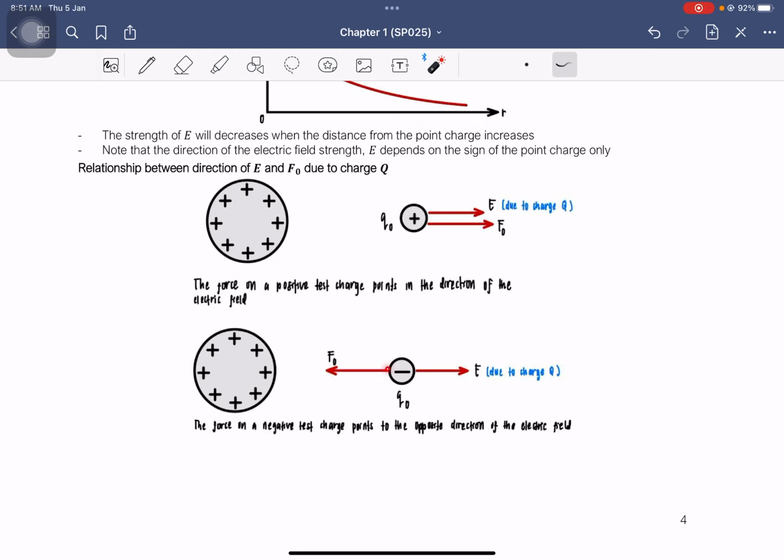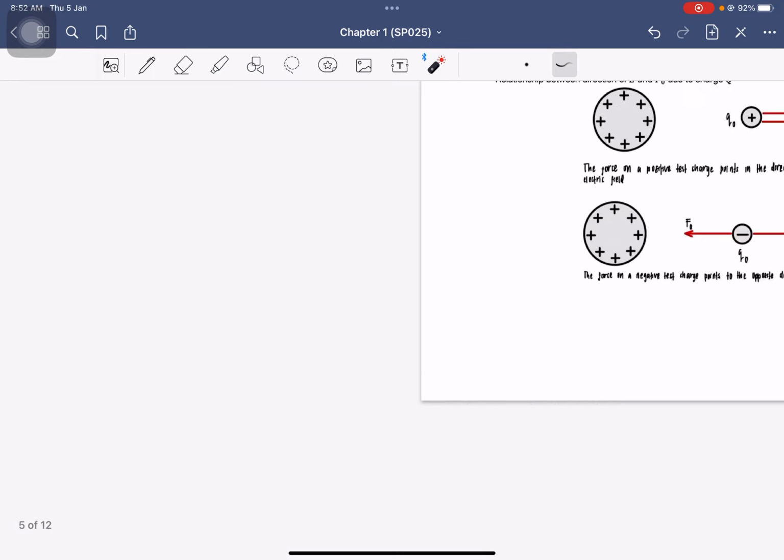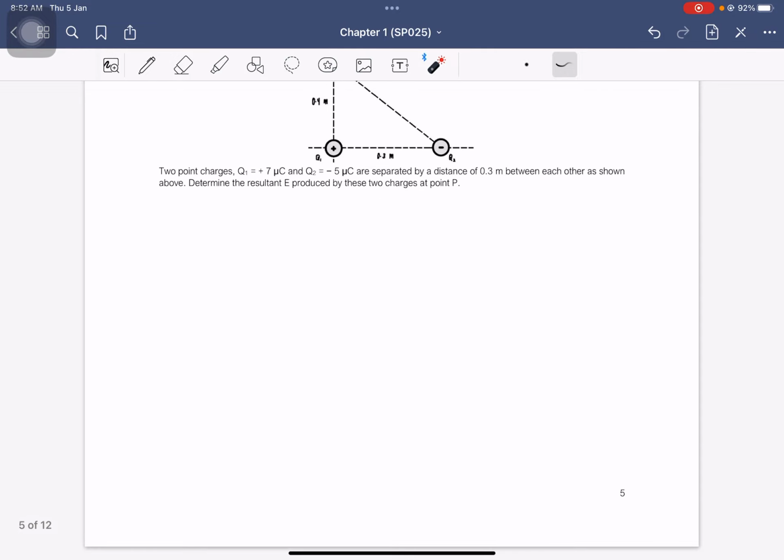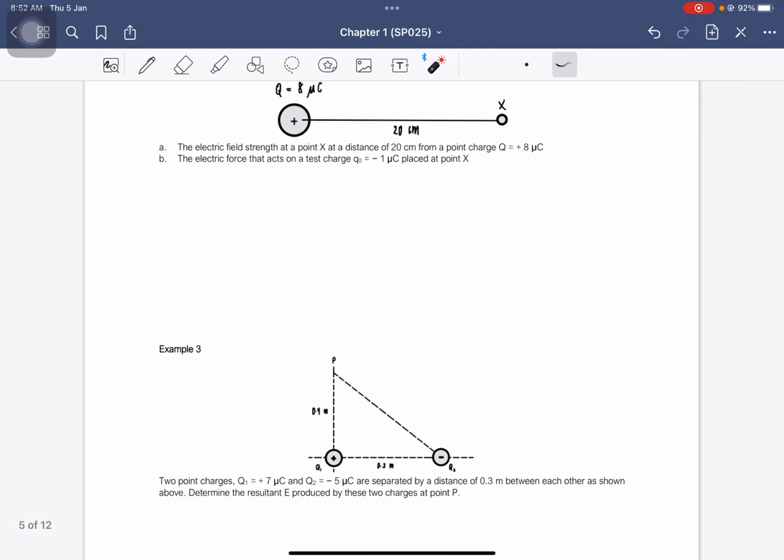So basically this would be attracted to this part here, and since these are both positive, they will be going away from each other. This is due to charge Q.